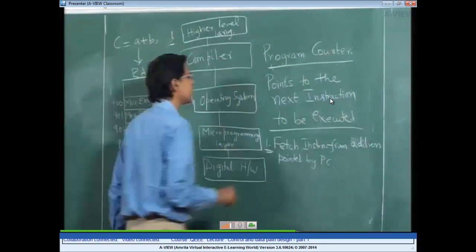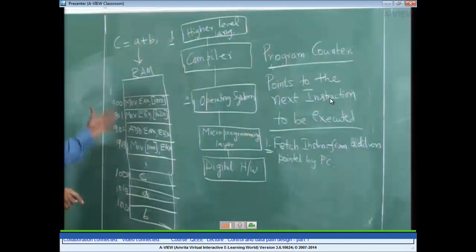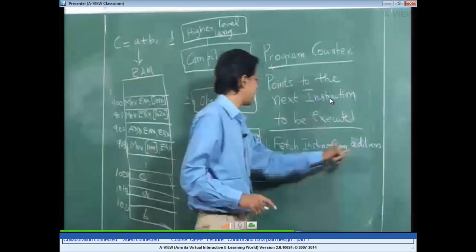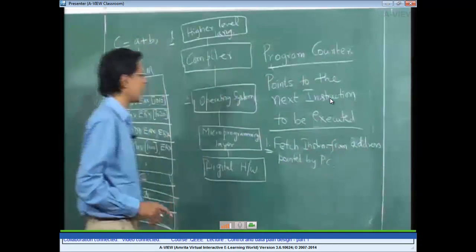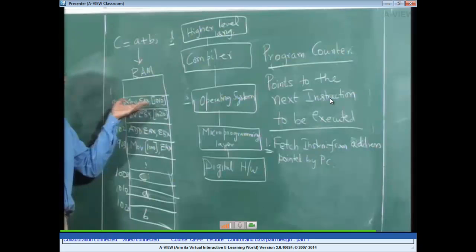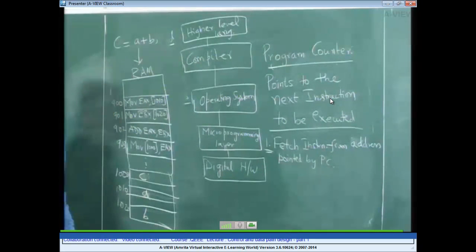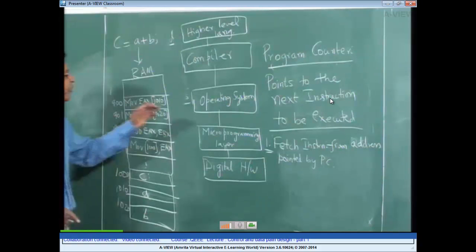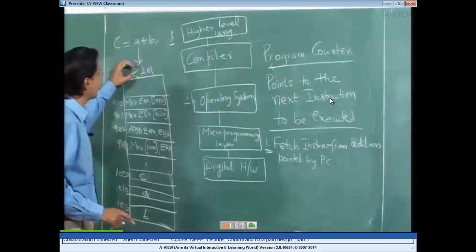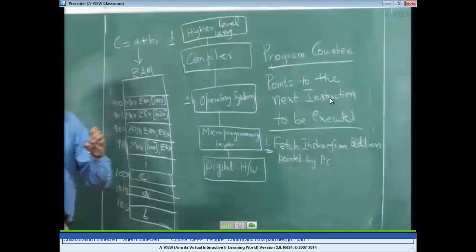So the first step is that the hardware will fetch the instruction from the address pointed by the program counter. That means it will fetch this instruction, namely move EAX, 1010. This will be fetched from the random access memory into the CPU.